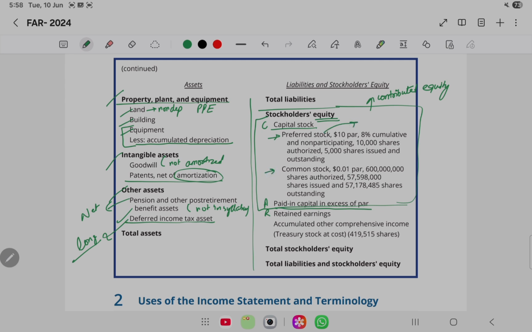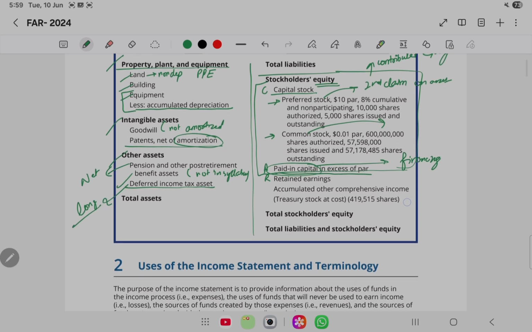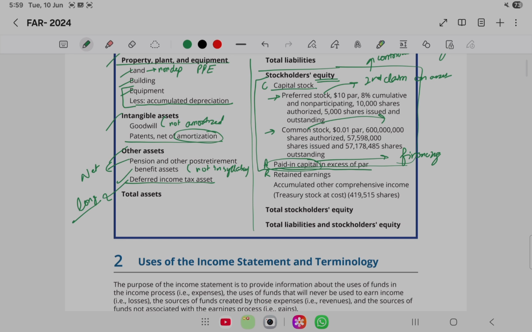Preferred stock has the second claim on the assets, and common stock has the right after the preferred stock. Now paid in capital is for financing. The good news for paid in capital is we do not have to pay a dividend, as it is not a legal liability, and the bad news is it normally dilutes your return on equity or earnings.